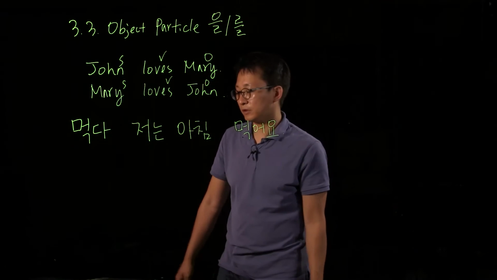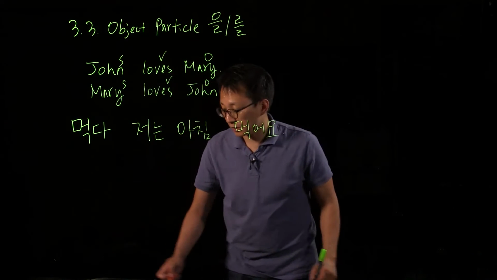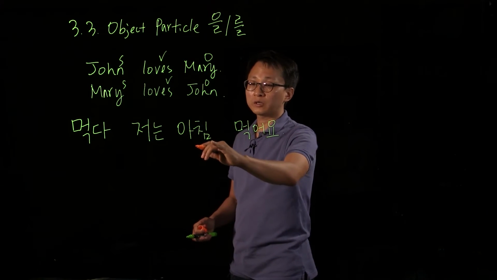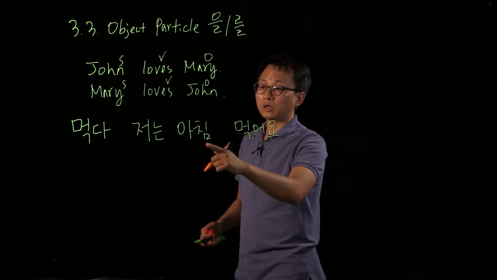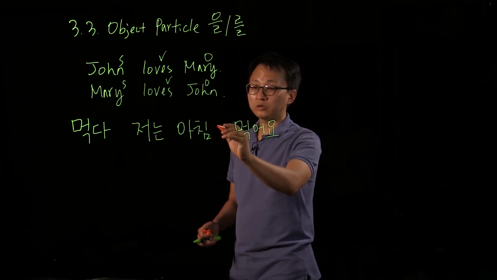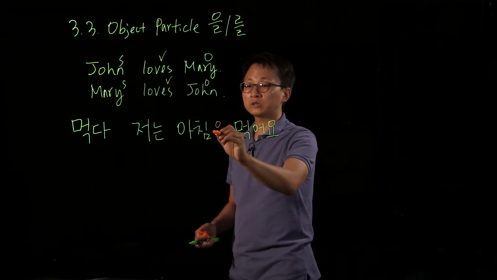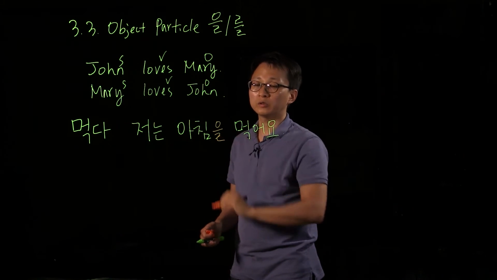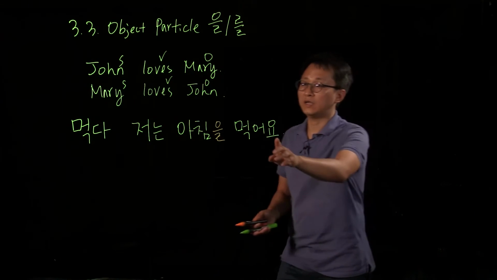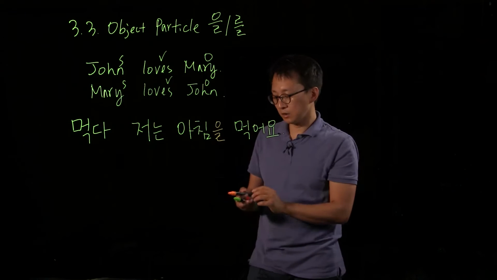That sounds perfectly fine. But grammatically, it's better to include object particle here. So take a look at this last syllable, and when there is a consonant, you choose something with consonants. 아침을 먹어요. 저는 아침을 먹어요. So I eat breakfast. Okay.